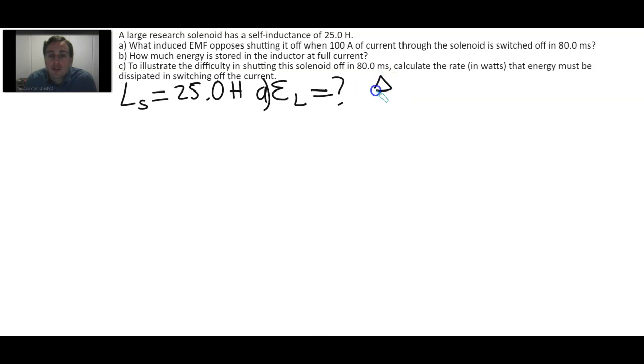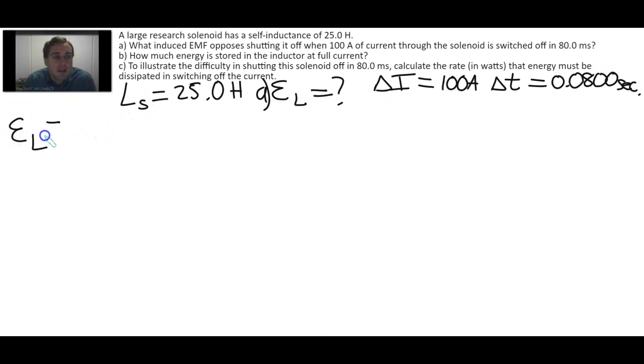So the change in I is equal to 100 amperes, and the change in time is equal to, again, 80 milliseconds. That's going to be 0.0800 seconds.